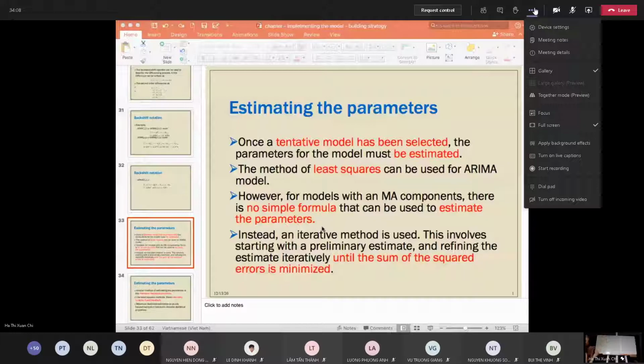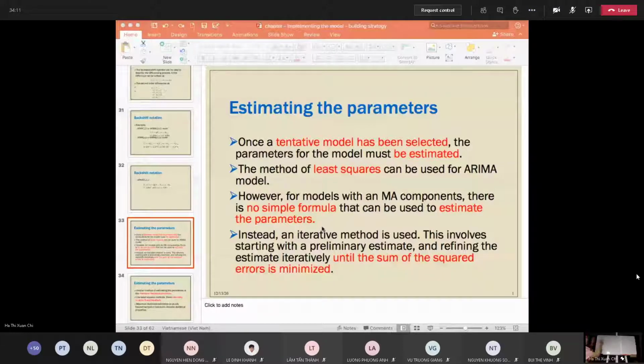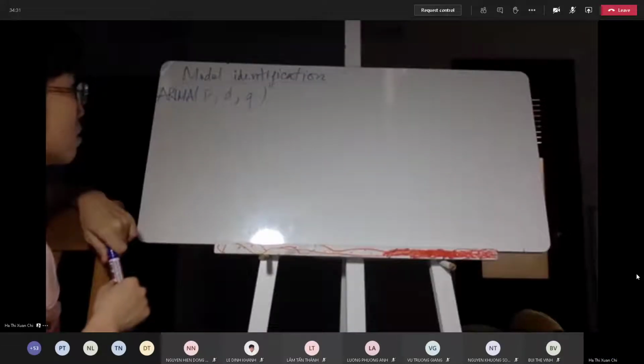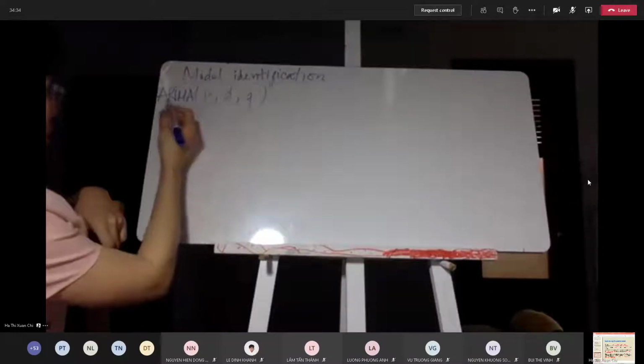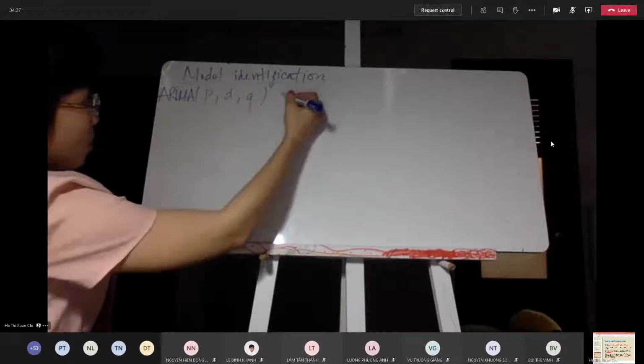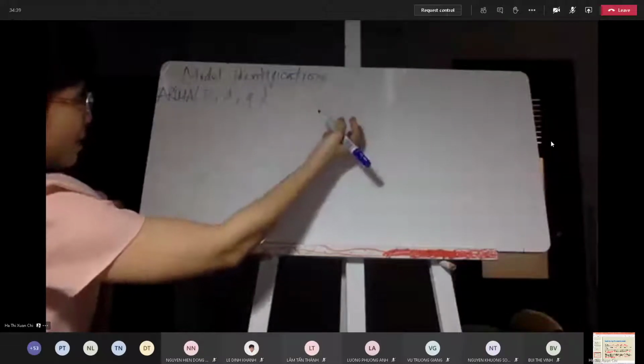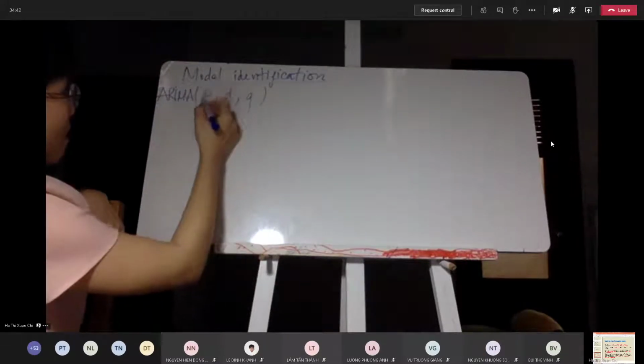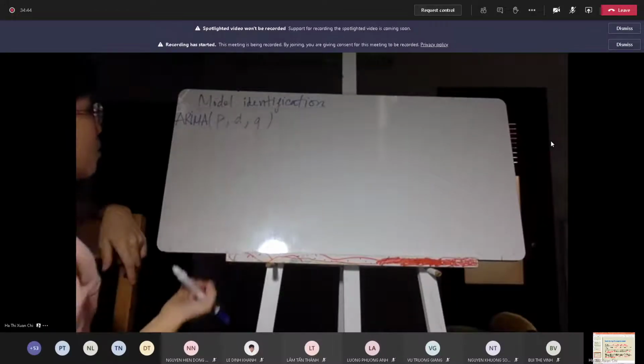Okay, so let me review that. Model identification. So, what is this? In the previous, we tried to define PDQ in our model. So, if we want to define the ARIMA model suitable for your data, we must define PDQ.